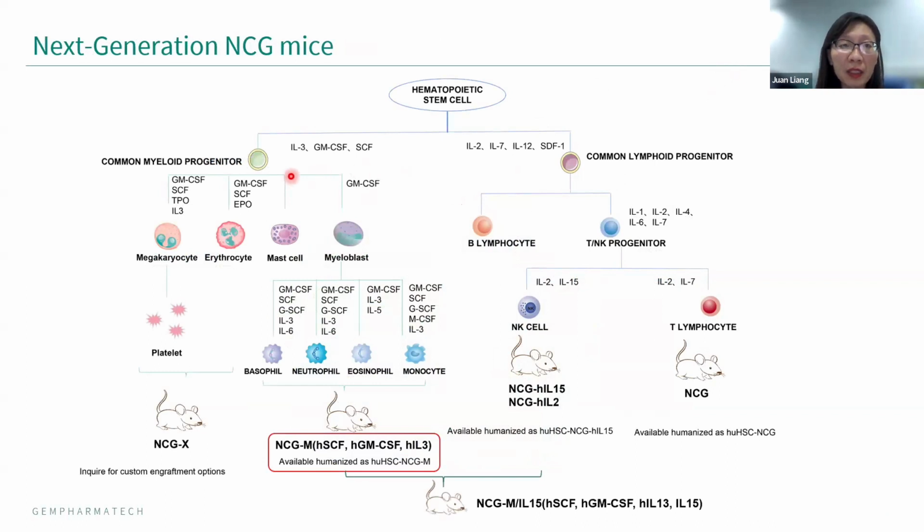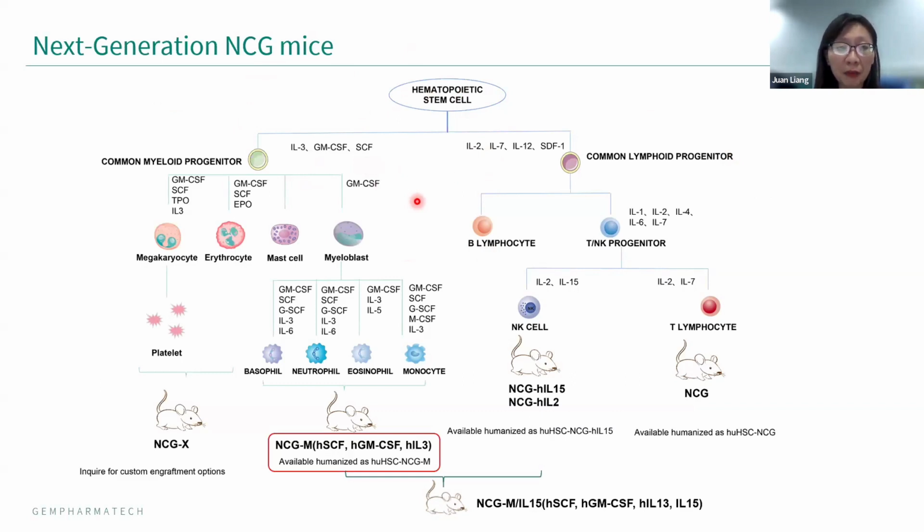As indicated here, IL-3, GM-CSF, and SCF can support the differentiation of common myeloid progenitors, like mast cells, neutrophils, monocytes. And IL-2 and IL-15 can support the common lymphoid progenitors, like NK cells and also T cells. So we express different human cytokines in the immunodeficient NCG mice to support the different immune cell differentiation.